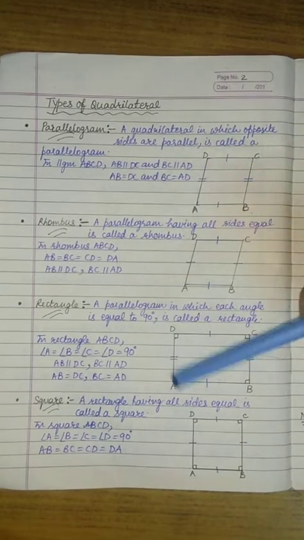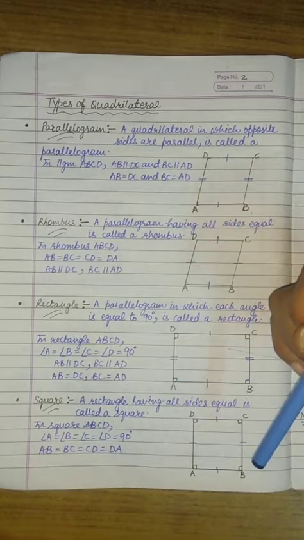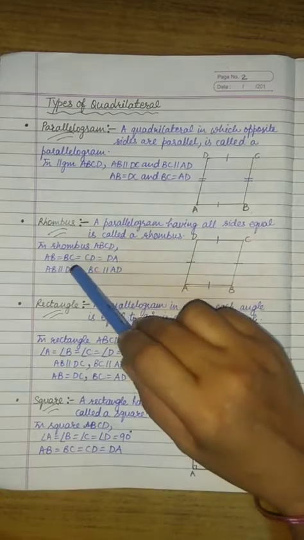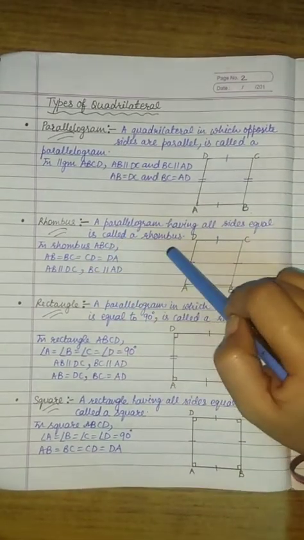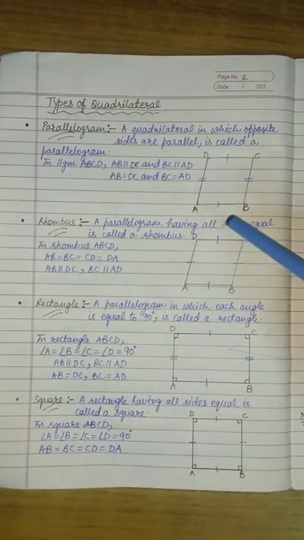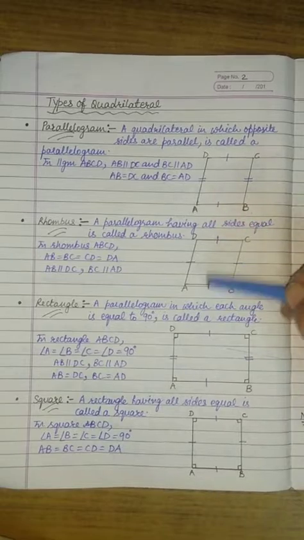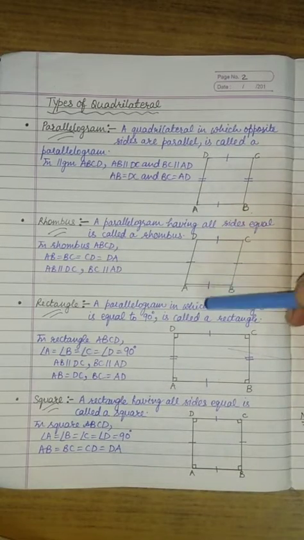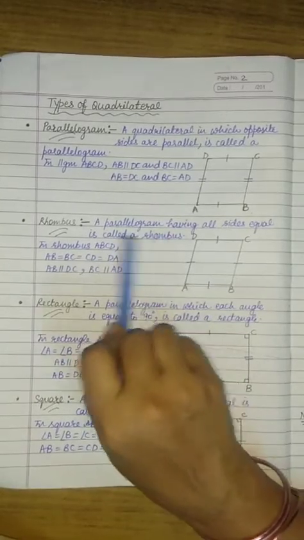In the coming sections of this chapter, we will learn the properties related to parallelograms. Next is the rhombus. A parallelogram having all sides equal is a rhombus. It means a rhombus has all sides equal as well as opposite sides parallel, because it is a parallelogram.